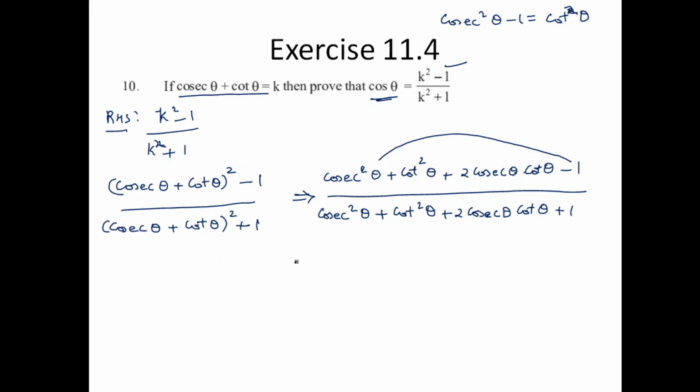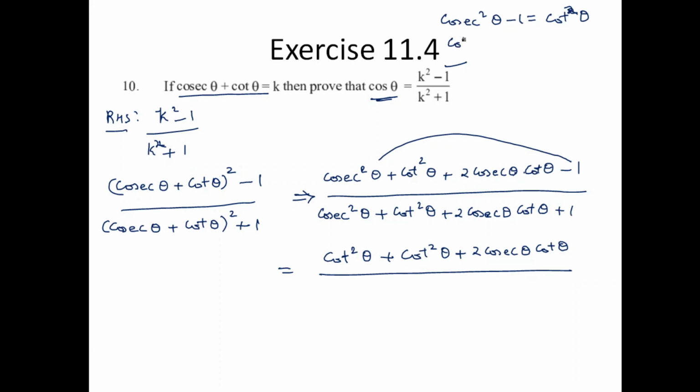So I can add up one more cot square theta, plus what is left out, cot square theta plus 2 into cosecant theta into cot theta, divided by, similarly I can use the other one, that is cot square theta plus 1 as cosecant square theta.